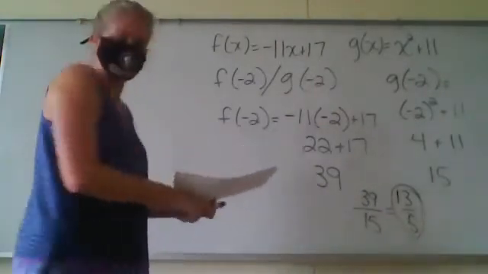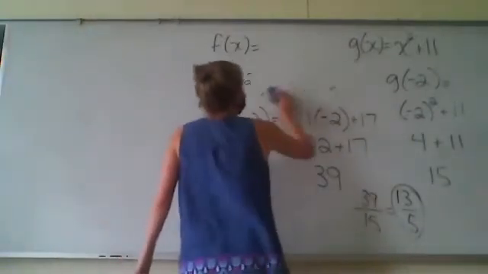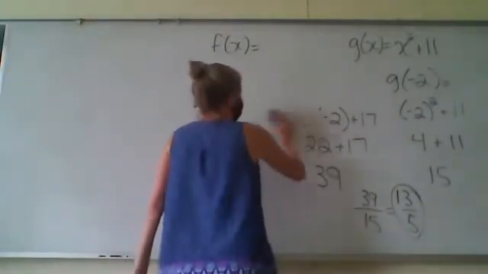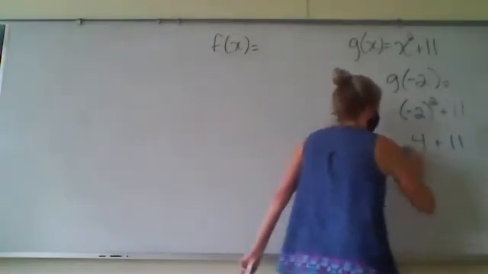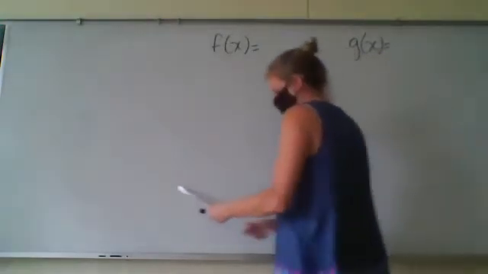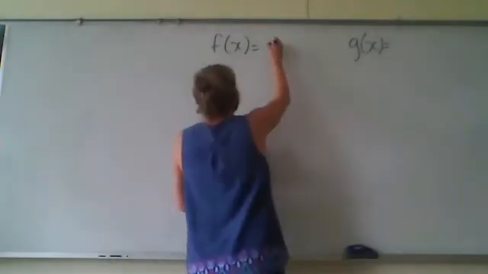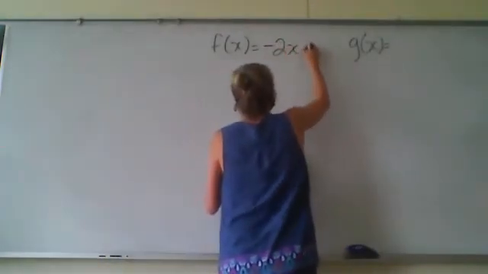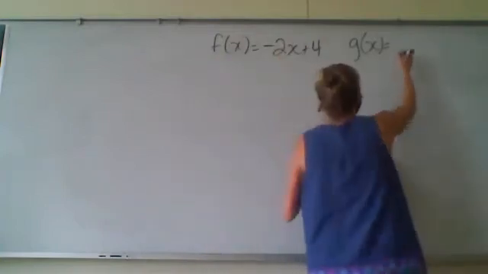All right, moving on to number 8. f of x equals negative 2x plus 4. g of x equals x squared plus 5.